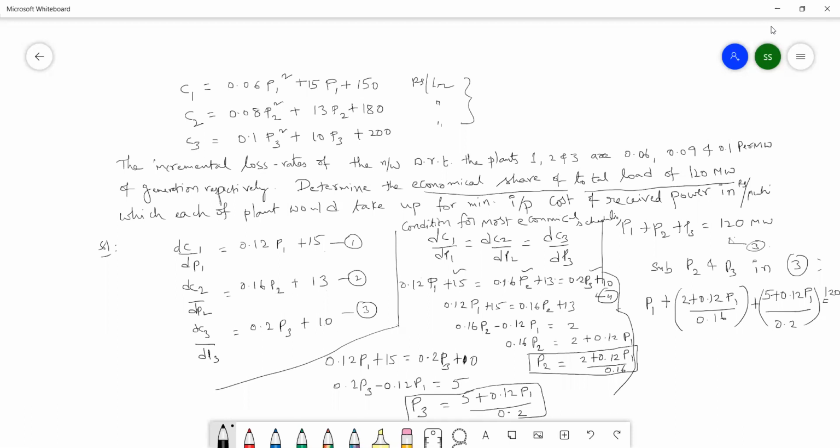Now the entire equation is in P1. Calculate the value of P1, then by using this P1 calculate the value of P2, and again calculate the value of P3.